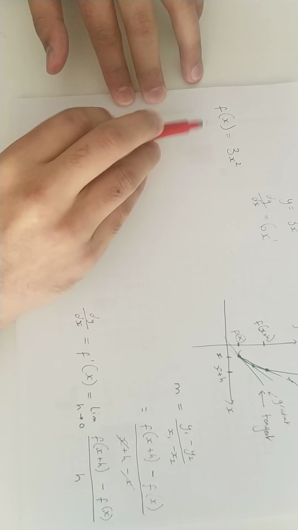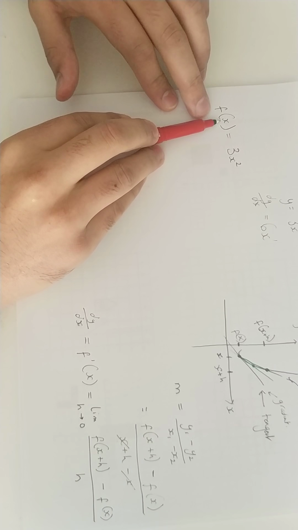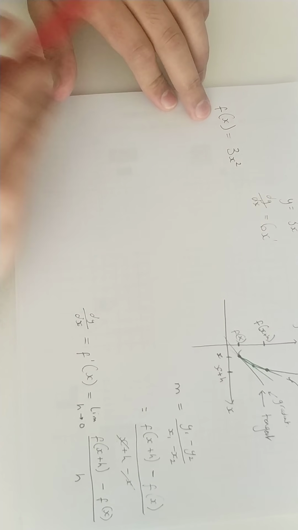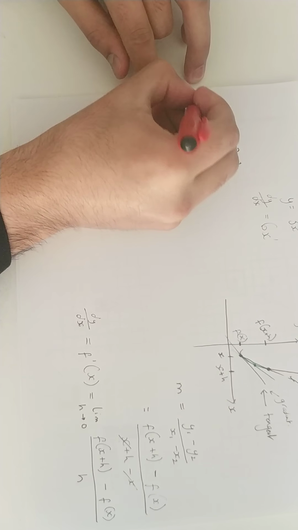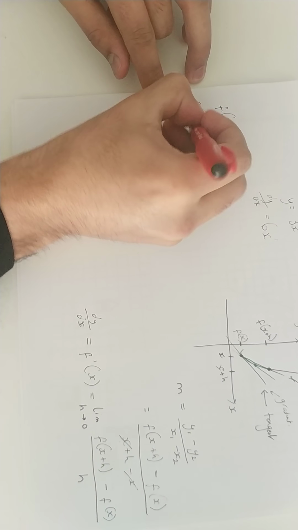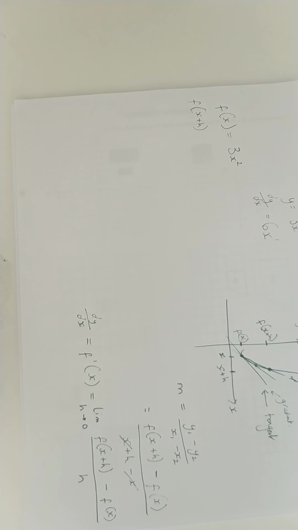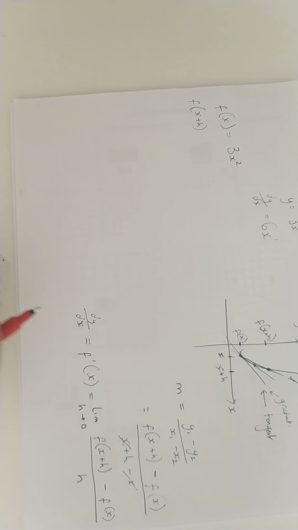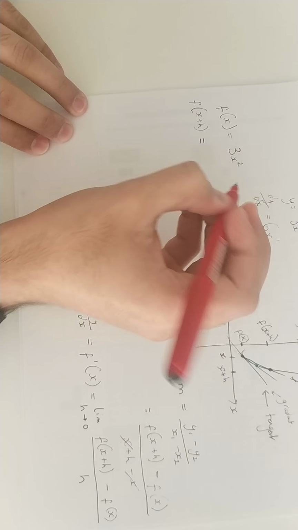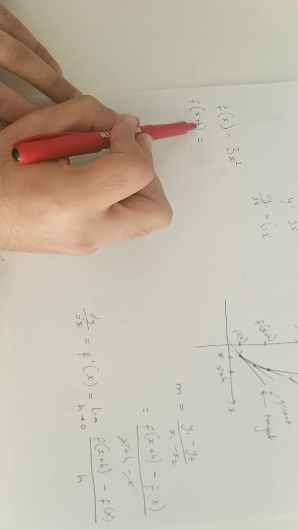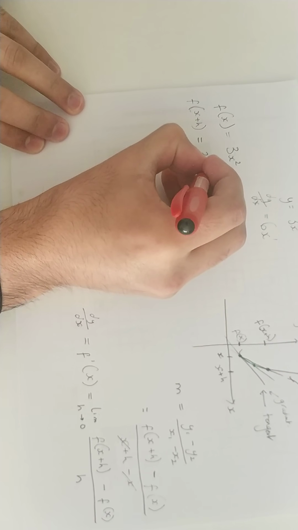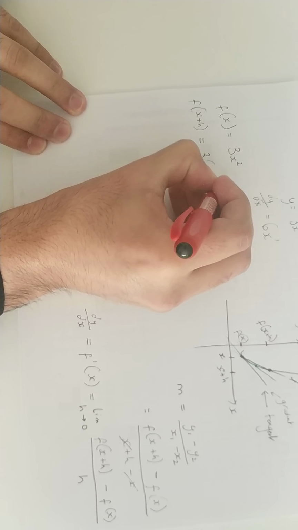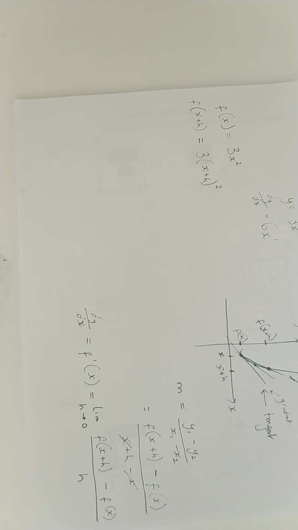Now, we're saying that at the point x, the y value is 3x squared, and we need to get an expression for f of x plus h. And of course, when we want to use the x coordinate as something slightly different, if you remember from GCSE, all we do is substitute this expression into the variable there. So it'd be 3 lots of x plus h all squared. Alright, so that's f of x plus h.